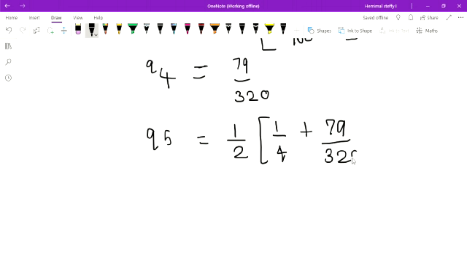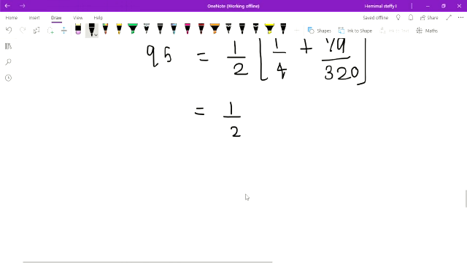So taking the LCM of these numbers, 320 is the LCM. 1 by 2 is equal to, the LCM of this number 320. So how many times does it come in 4? 80 times. So 80 into 4 is 320. I multiply 1 here. Gives 80 plus 79.